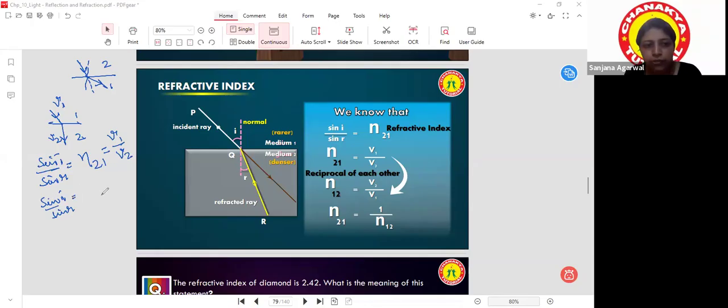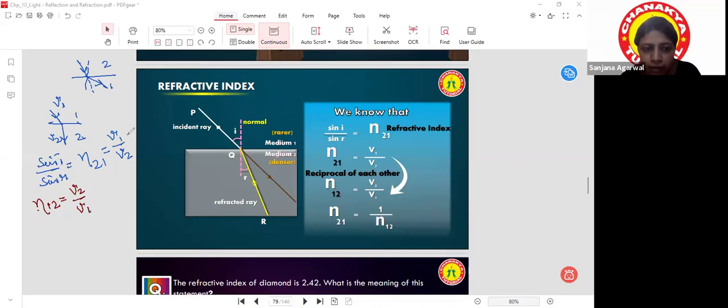Or you can say the refractive index of medium 1 with respect to 2 will be given to us. Or in simple terms, everything will get reciprocal. That is, if you want to take the refractive index of medium 1 with respect to 2, you have to invert the direction. So velocity 2 with respect to velocity 1 will give you the value.